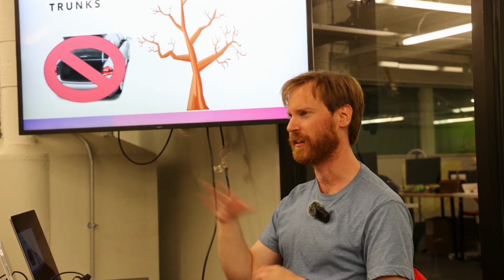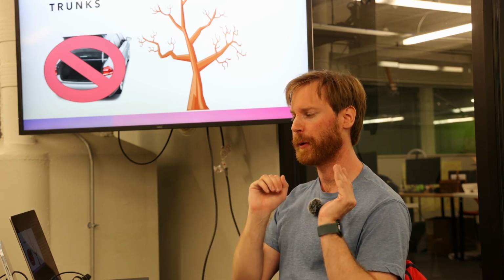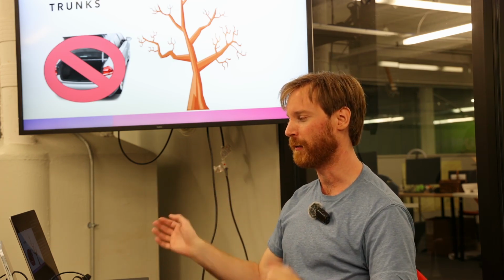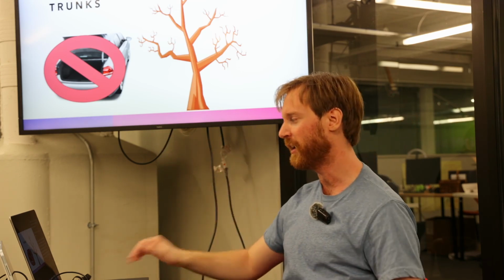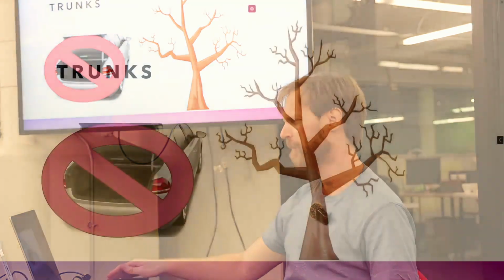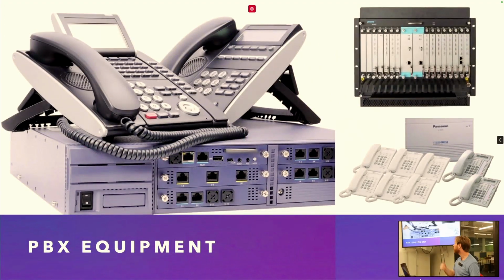Static routes, basically. It's the same type of networking as you do on the internet, but you could build your own VPN style phone system, and you can invite everybody to join it, and you just all have different branches that happen to be connected. It's a really flexible system. It's pretty cool. So let's talk about PBX equipment.